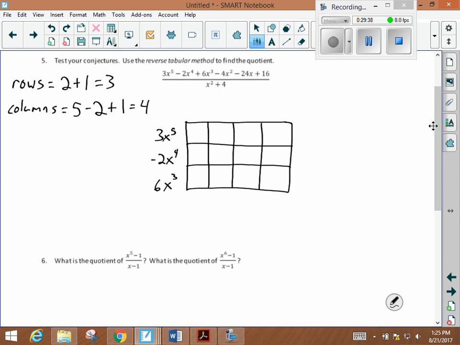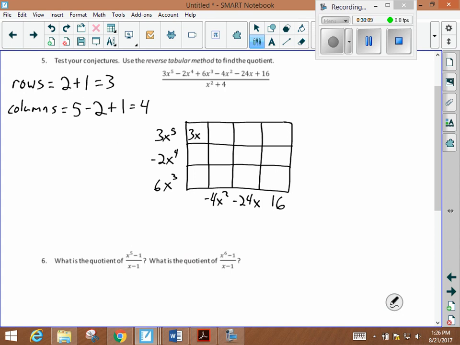And then remember, I'm going to skip one because we're thinking about diagonals, right? So I'm going to put the negative 4x squared here, negative 24x, and 16. And it's awesome when they line up like that because that means that I chose the correct number of rows and columns. So I'm going to go through this process.